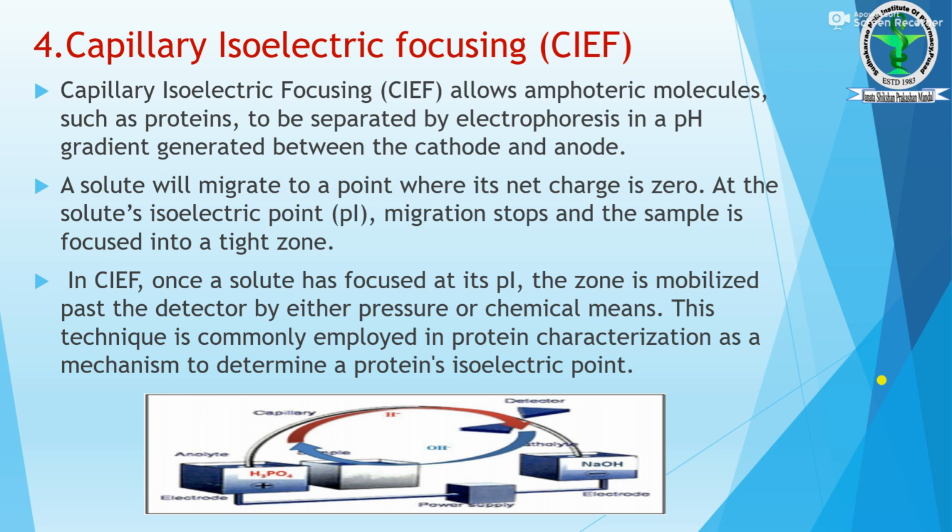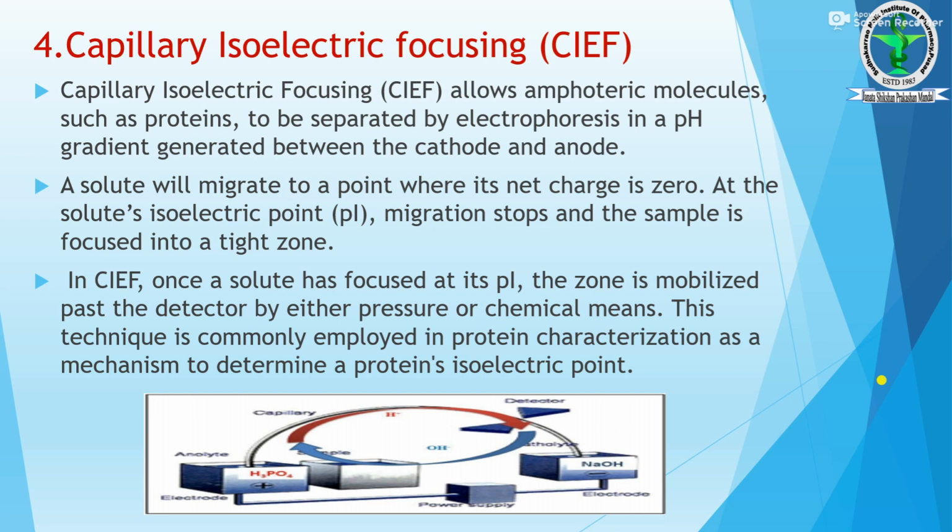A solute will migrate to a point where its net charge is 0. At the solute's isoelectric point, pI, migration stops and the sample is focused into a tight zone. Where does it focus? Into a tight zone.